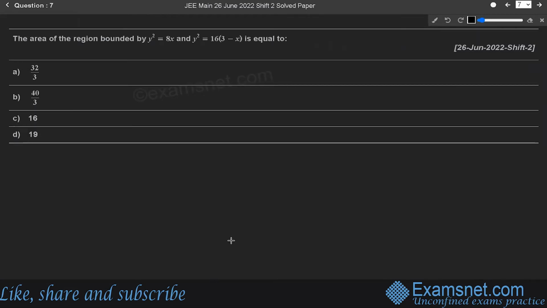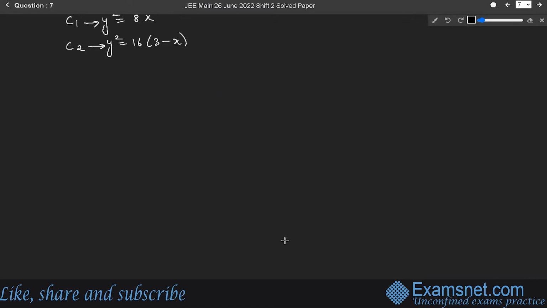Next question is, the area of the region bounded by the curve y square is equal to 8x and y square is equal to 16 into 3 minus x is equal to. So let this curve be C1 and let this curve be C2. We have to first understand the area of the particular region.